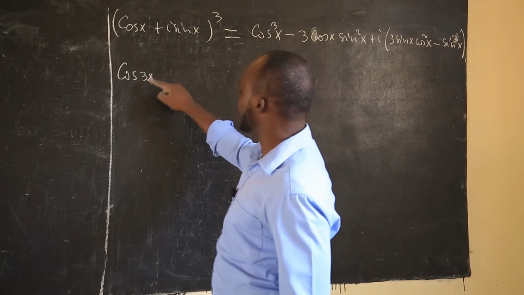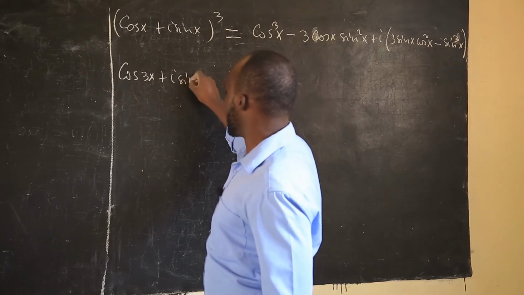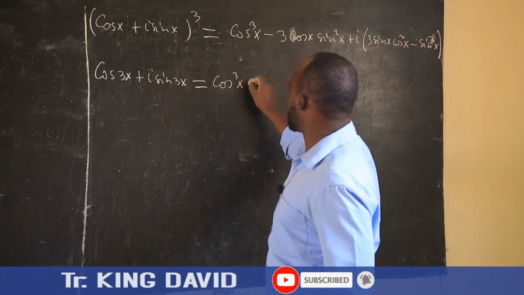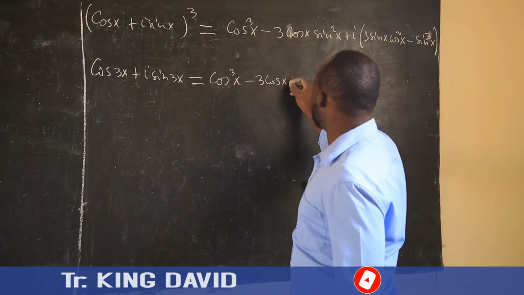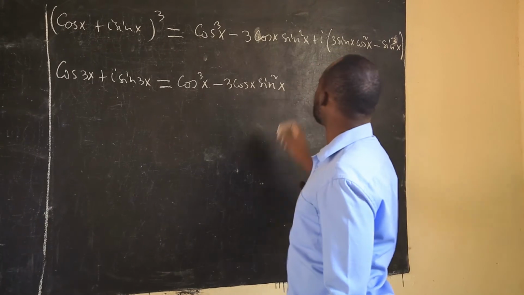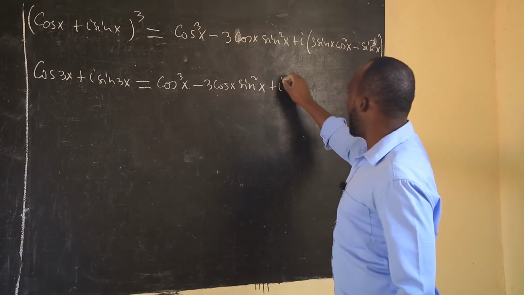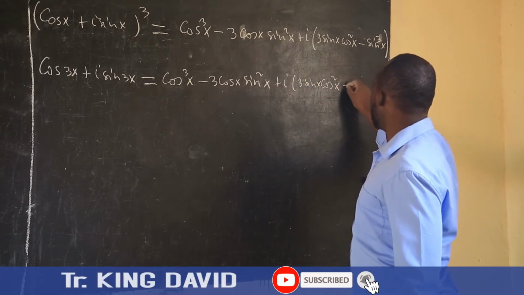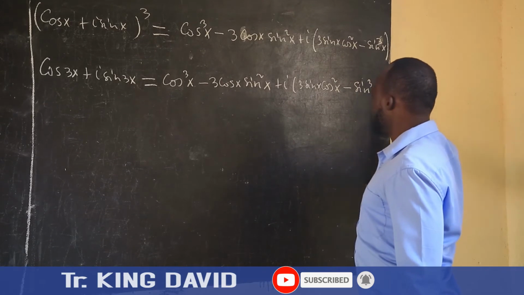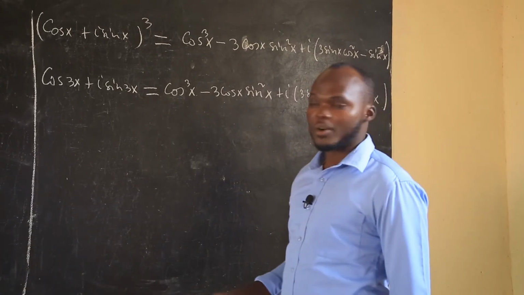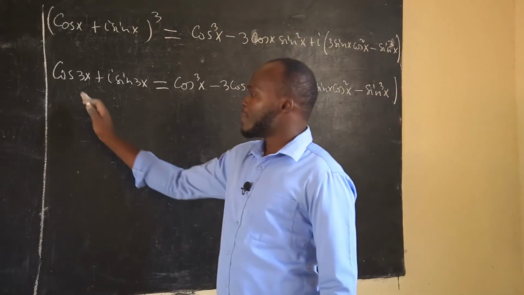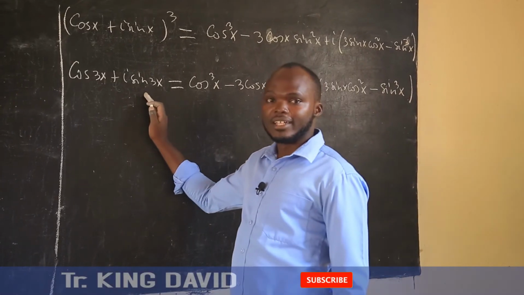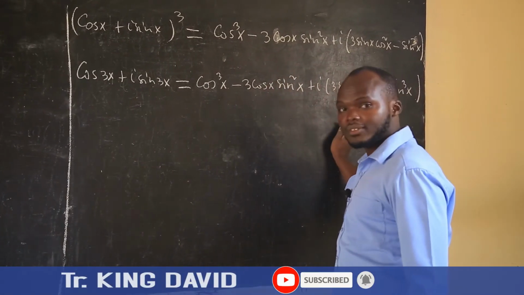By De Moivre's theorem, the answer is cos 3x plus I sin 3x, equal to cos power 3 x minus 3 cos x sin squared x plus I times the bracket 3 sin x cos squared x minus sin power 3 x. For the equality of complex numbers, the real part of the left-hand side equals the real part of the right-hand side, and the imaginary part of the left-hand side equals the imaginary part of the right-hand side.